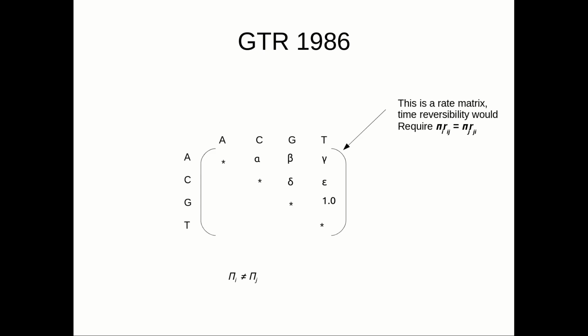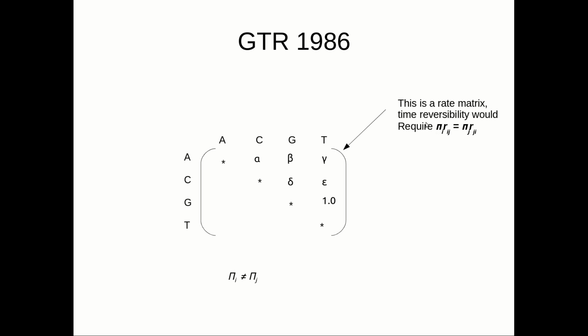Okay, so this is actually a rate matrix, but time reversibility would require us in general that the prior probability of i multiplied with the rate from i to j equals the prior probability of j multiplied with the rate from j to i.